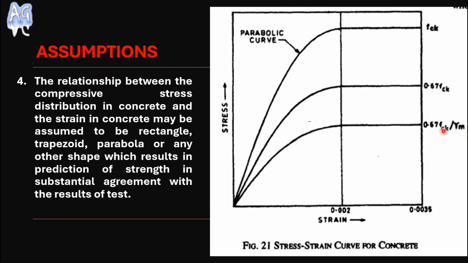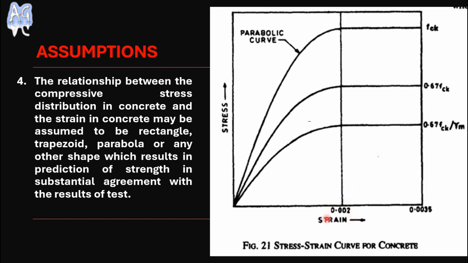So finally, if we divide this value by 1.5, we get 0.446 fck. It means we are only using almost 45% of the strength of concrete, and we are not using 55% of the strength of concrete.